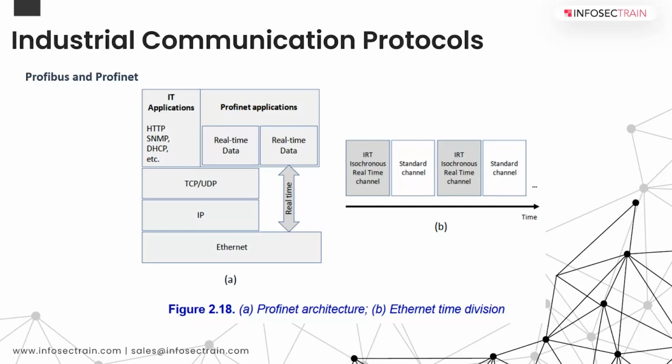So this is a very simple architecture of Profinet, and Profinet does not have any native security features built in. The functionalities incorporated in the protocol itself focus on improving availability and operational reliability.